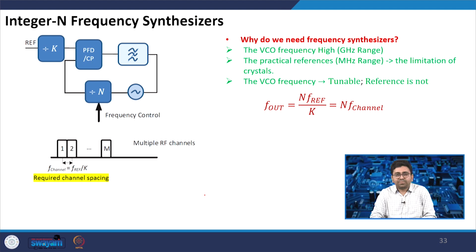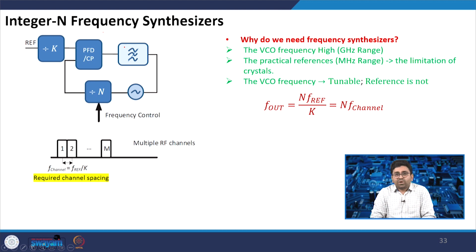Now, charge pump PLL. In charge pump PLL, all the PLLs that we have discussed, type 1 and type 2. So, what is the issue? In reality, when we want to use this PLL in the actual RF transceiver, what we need is our frequency range. So, we need a frequency synthesizer.